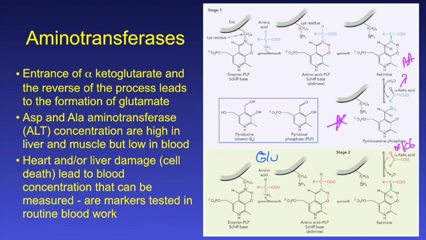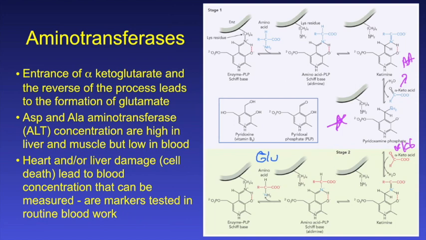Aminotransferases are important in breaking down protein, but it's also important when you do blood panels. If you do a blood panel, one of the things they actually look for are aspartate and alanine aminotransferases. If by chance you see the proteins that break down amino acids in the bloodstream, that indicates you either have heart damage or liver damage.